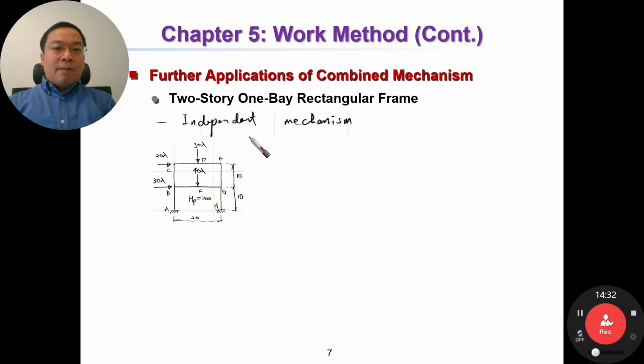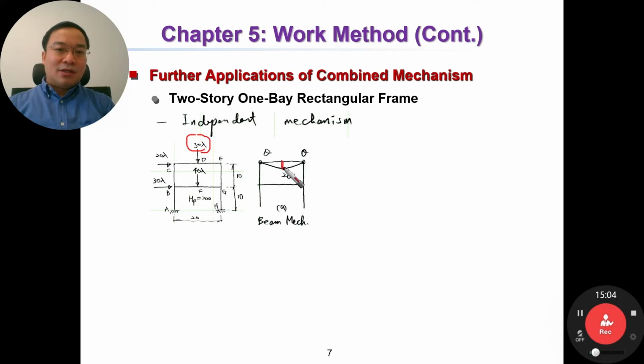Now, for mechanism A, the beam mechanism number 1, we can write down the work equation. Could you please write down the work equation for mechanism A? The external work is 30 lambda multiplied by this distance. What is this distance?